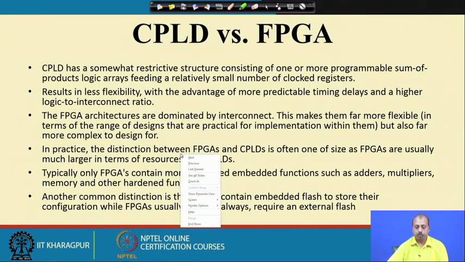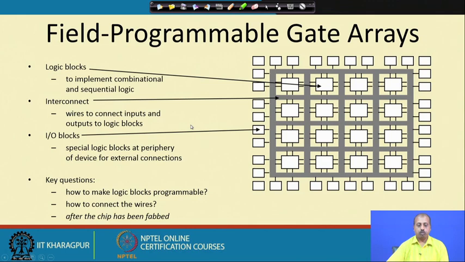Next, we will be looking into field programmable gate array. In a field programmable gate array, it is otherwise similar. We have got logic blocks to implement combinational and sequential logic. There are some logic gates and some flip flops which are part of this logic block, that can be used for implementing combinational and sequential logic. Then there are interconnects running both horizontally and vertically.